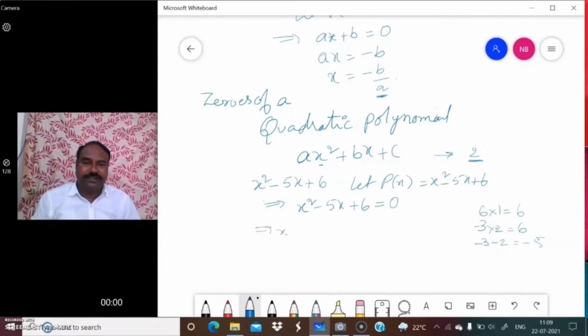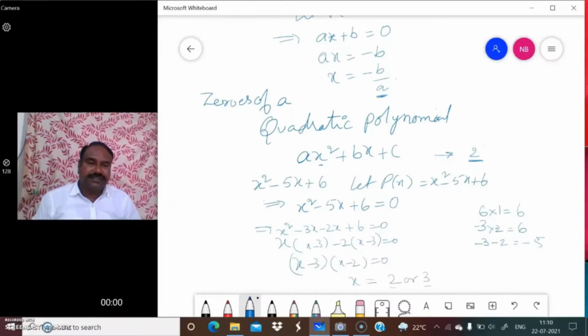That implies x square minus 3x minus 2x plus 6 is equal to 0. Now we can take x common, left is x minus 3, minus 2 common, x minus 3 equal to 0. In these two terms x minus 3 is common, so x minus 3 into x minus 2 is equal to 0. So from this we get x is equal to 2 or 3.